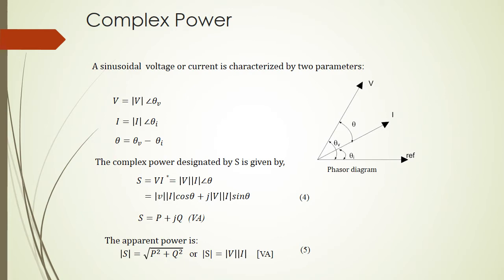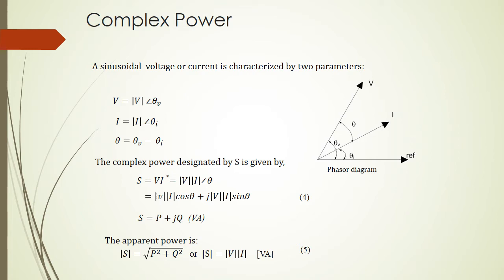We represent vectors like this. So if we do the calculation with complex numbers, what we get in the end is the same thing: S equals P plus jQ. J here represents the imaginary part. So P represents the active power and Q represents the reactive power.